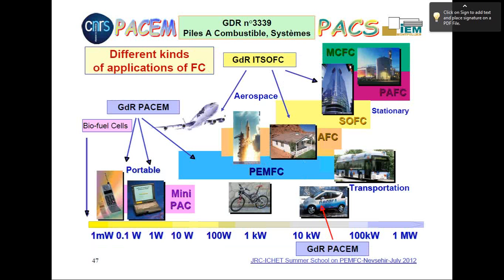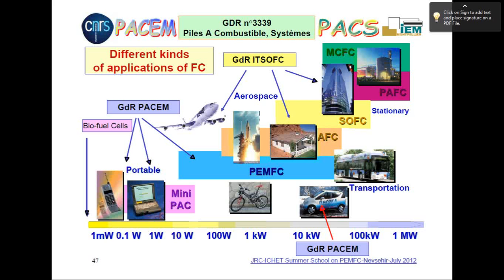Okay. So just to summarize all the applications of fuel cells, in this diagram I just mentioned, I was the director of a research grouping in France, which is GDR, Groupe de Recherche, on the fuel cells, I mean low temperature fuel cells and high temperature fuel cells.